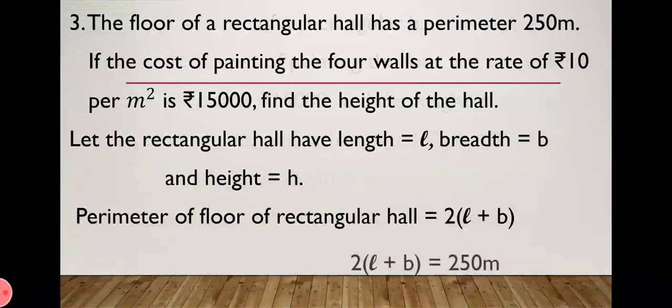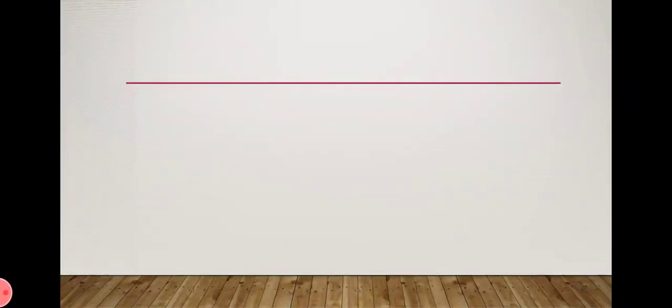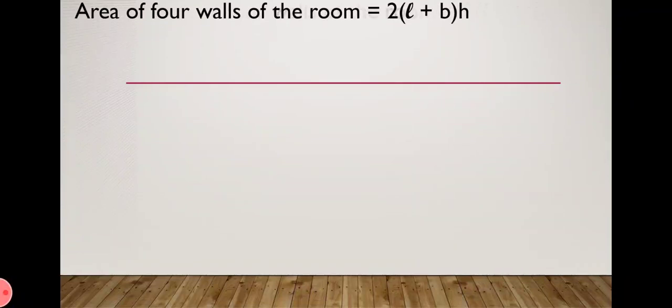So twice (L plus B) equal to 250 meter, because the perimeter is already given. Now we have to find the area of the four walls of the room. The formula to find out the area of four walls of the room is twice (L plus B) into H.